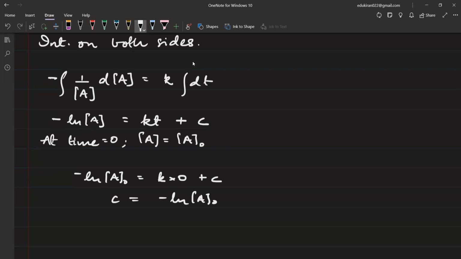Now I will substitute the value of C in equation 1. This is my equation 1.